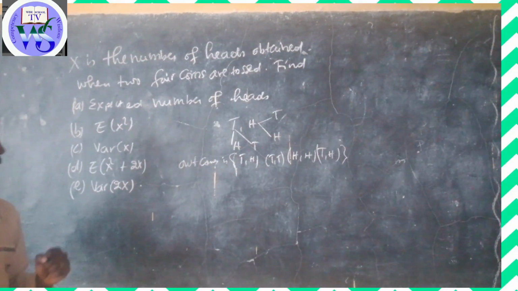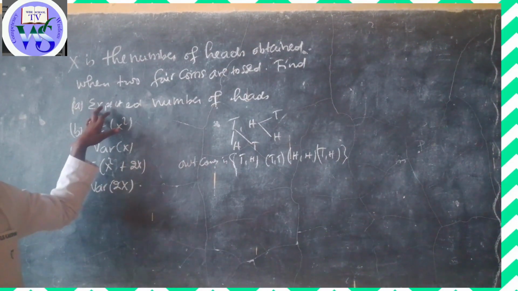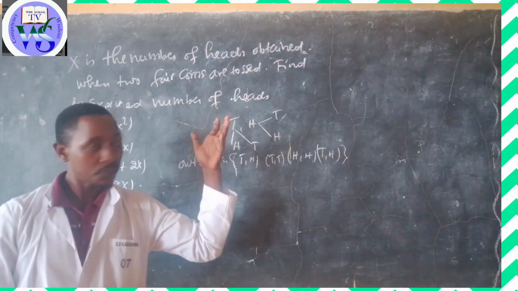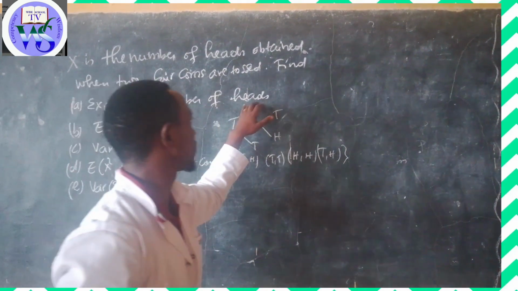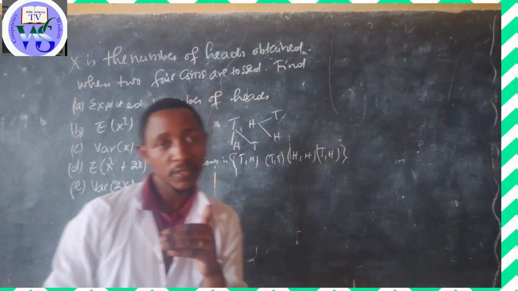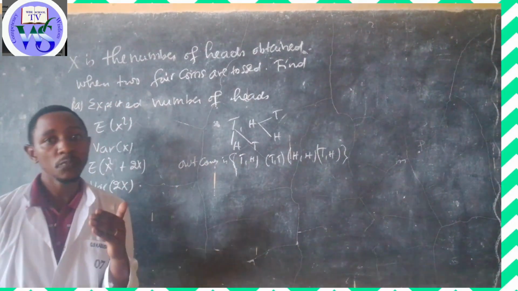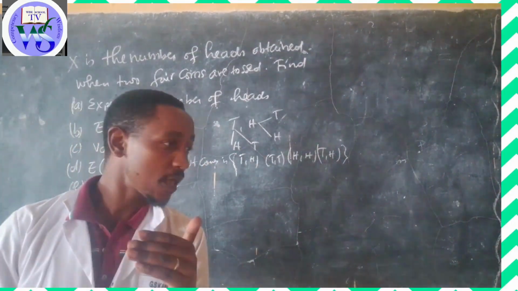We need to find the expectation value of getting heads. This is a probability distribution.